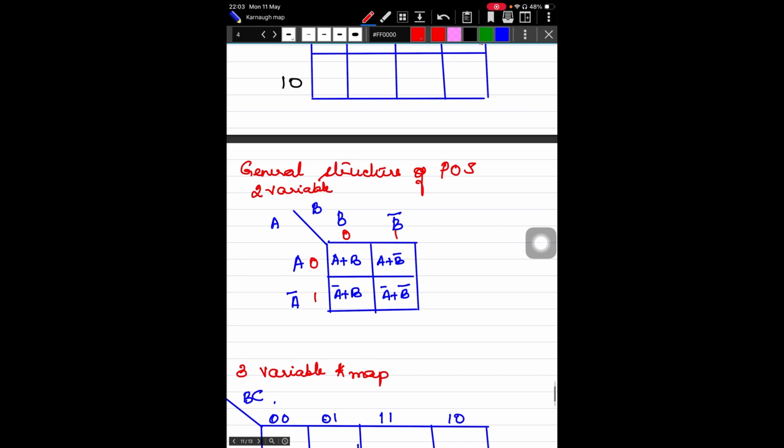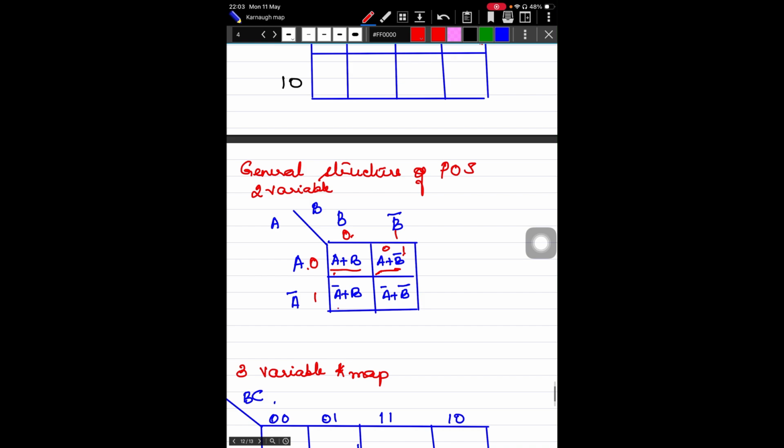So 0, 0. How do I write it? A plus B. Here, what does this box correspond to? 0, 1. 0 is written as A and 1 is written as B dash. Slightly confusing, but you will come out of it. Remember, in sum of products, if the number has 0, that will be taken as complemented form. In product of sums, if a variable has 0, that will be taken in the true form, right?